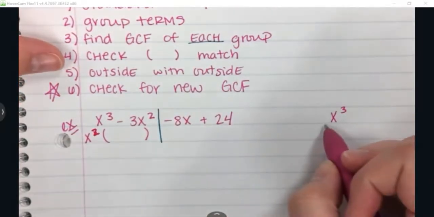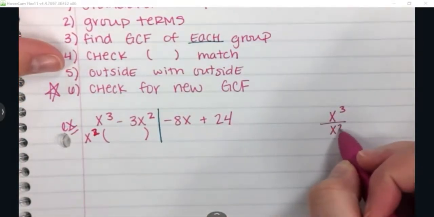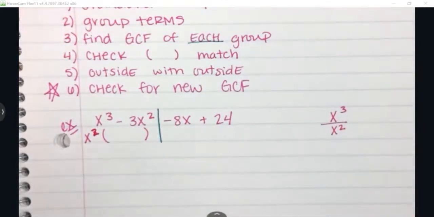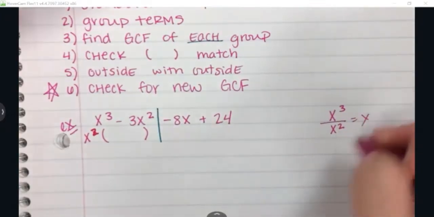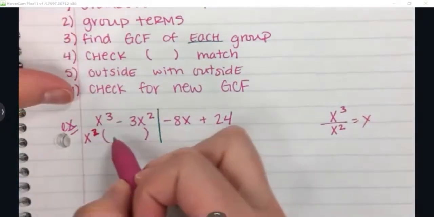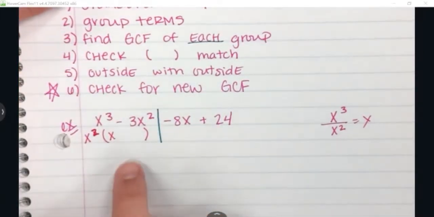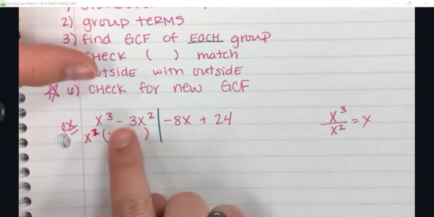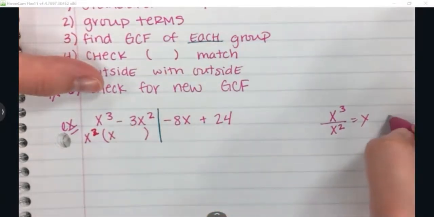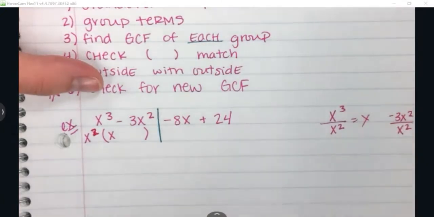I have x cubed and I'm dividing by x squared. What is x cubed divided by x squared? x. So what's the first thing in my parentheses is x. If I need to go to my scratch work again, I can go there. Negative 3x squared divided by x squared.